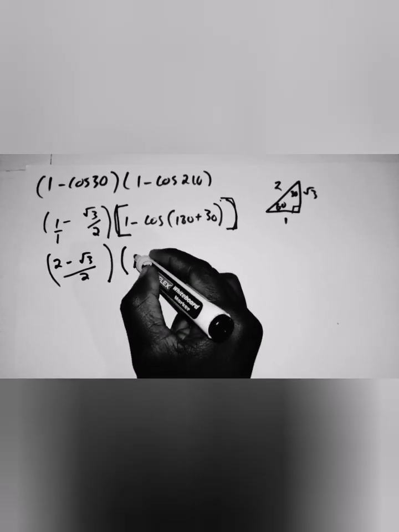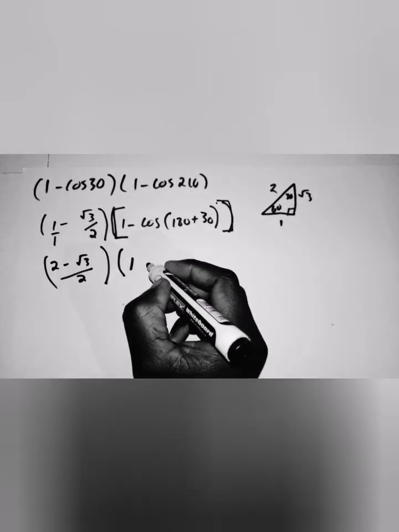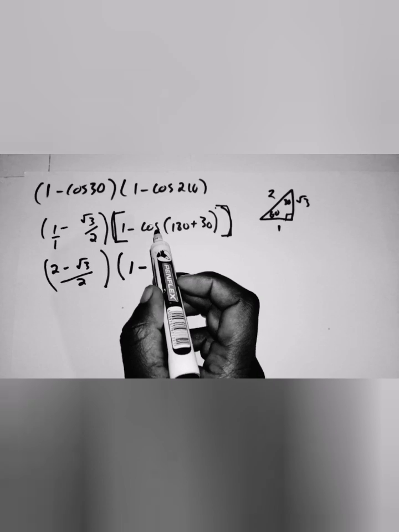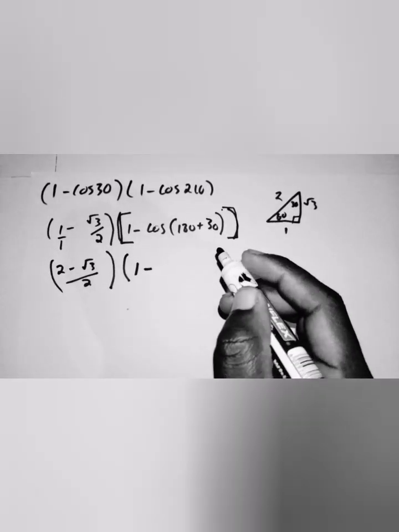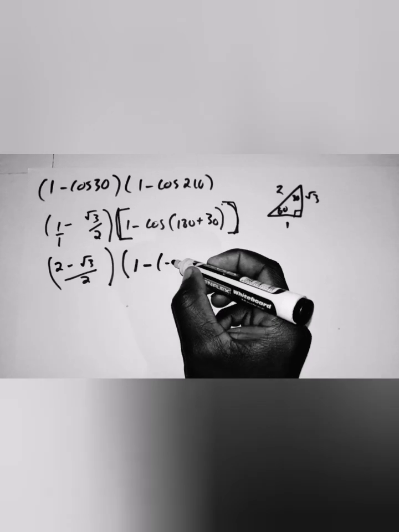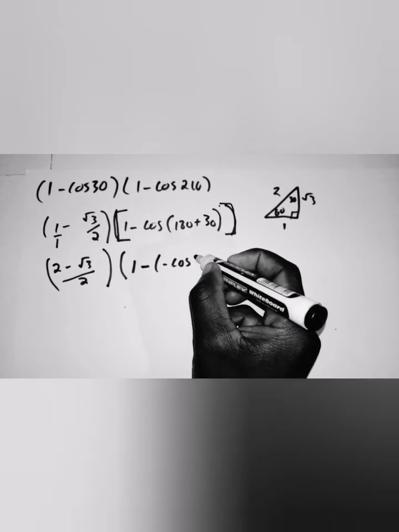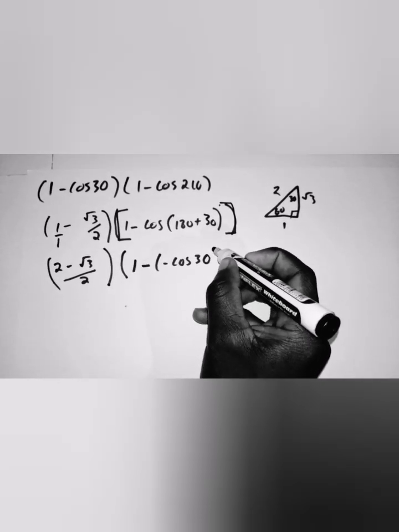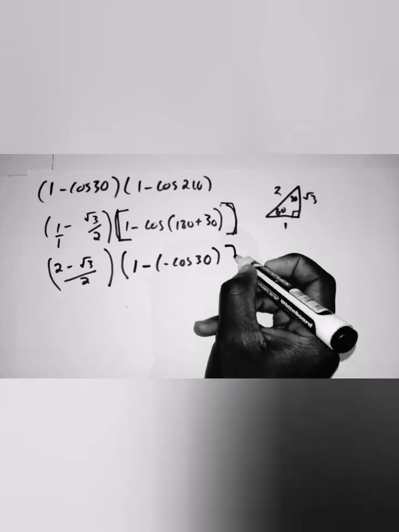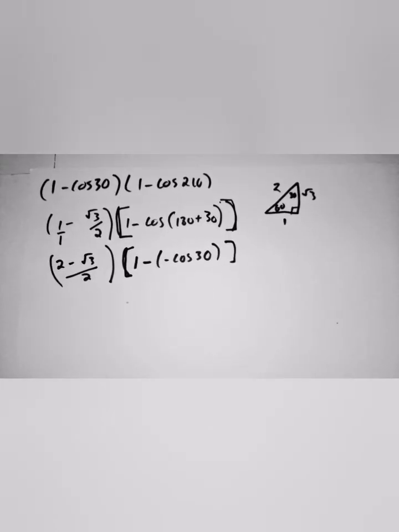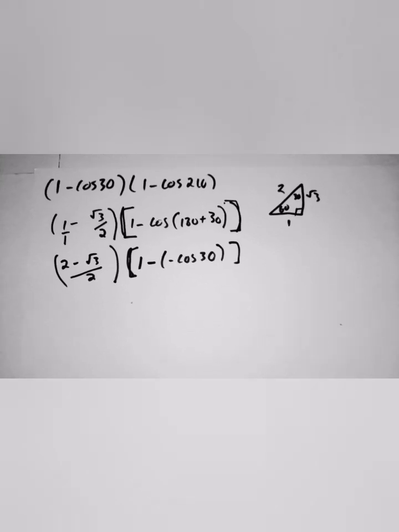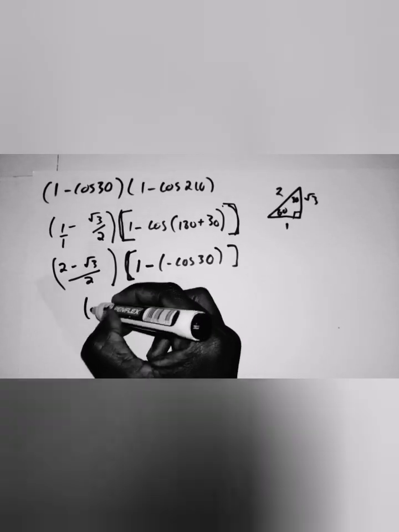Now I have 1 minus, now I put another bracket, therefore the sign that I will get will be negative cos 30. So I hope you see now the importance of putting the brackets when I'm substituting my answers from cos 180 plus 30.